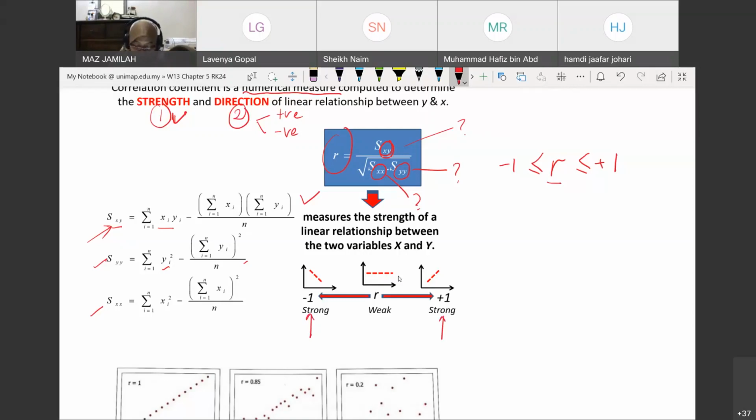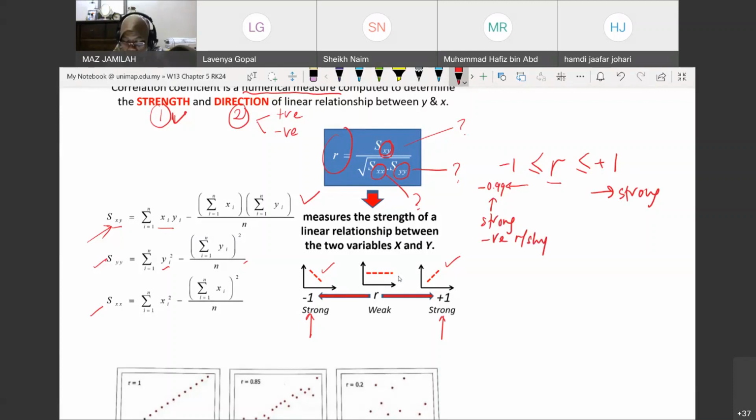So this one is positive, this one is negative. Yeah, correct. If your R is approaching +1, you are talking about a strong positive relationship. If your R is approaching -1, for example -0.99, we are talking about a strong negative relationship.